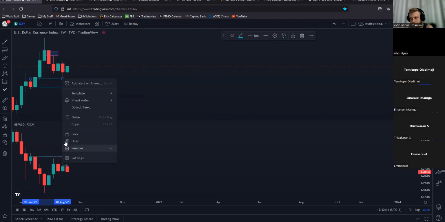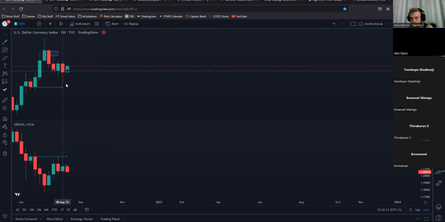So in terms of symmetry, let's just remove some of these lines over here. We can actually see that our little arrows that we draw, this closing price over here and this closing price, this one sort of made relative equal highs. Well, if that's the case, then why did the DXY not make equal lows? And because it didn't, therefore it is non-symmetrical SMT over here.